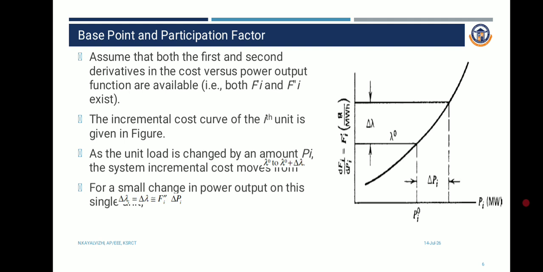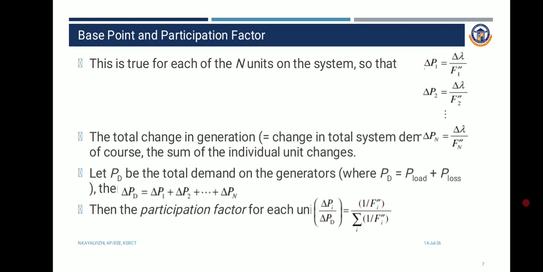As the unit load is changed by the amount del Pi, the system incremental cost is changed from lambda naught to del lambda. For a small change in power output, this is a single F double dash into del Pi.